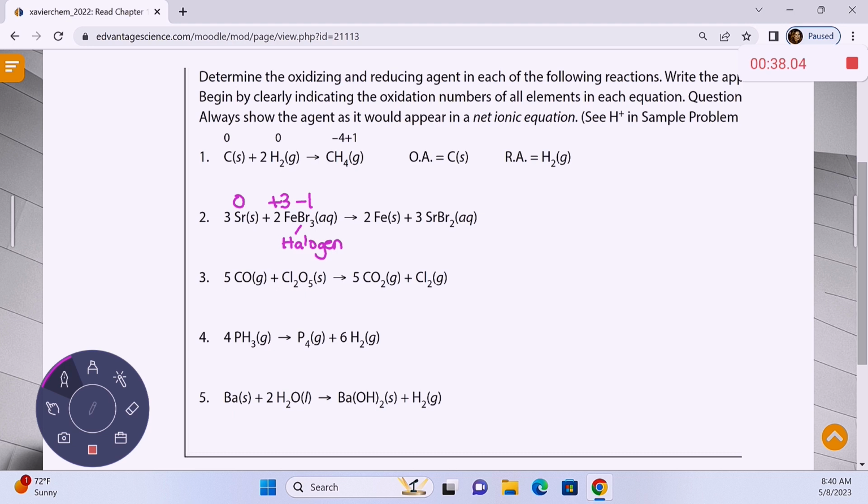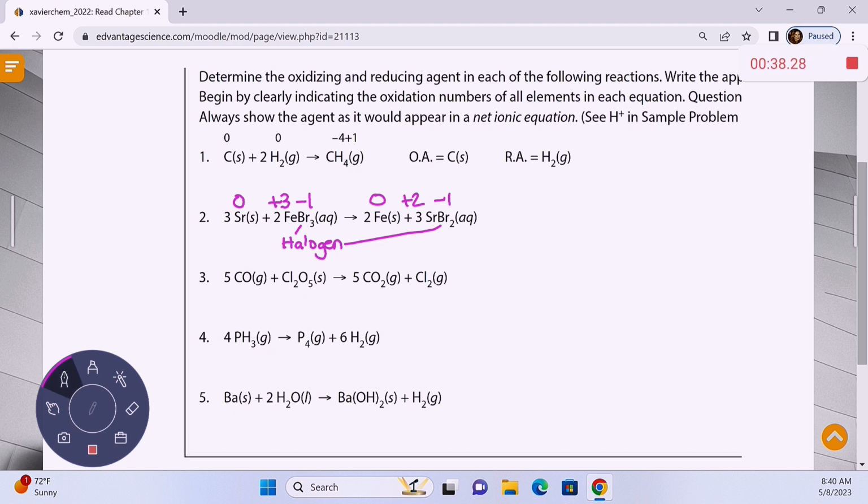Ignore the coefficients. Over here on the product side, I've got elemental iron. So what would its oxidation number be? 0. Here I have bromine, again halogen. Assign it its usual oxidation number, which is a -1. That means strontium would be +2. And strontium is also an alkaline earth metal, so you know it's +2.